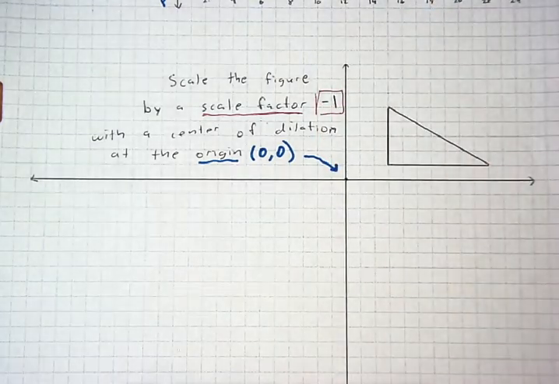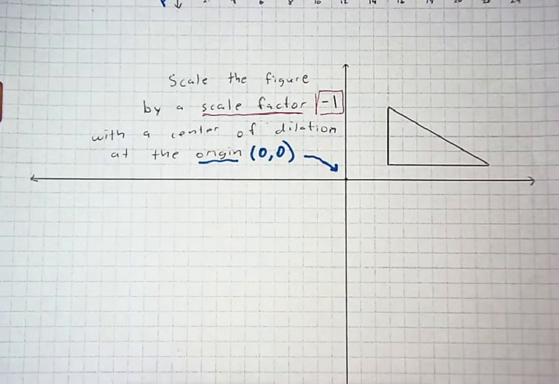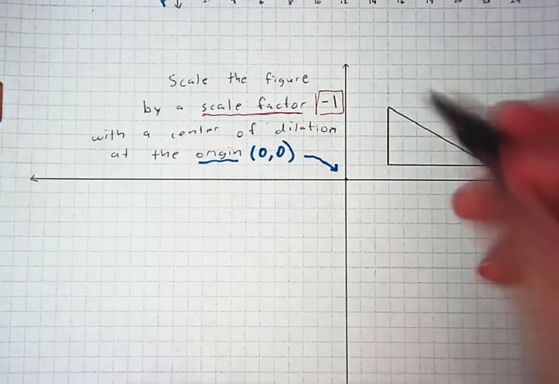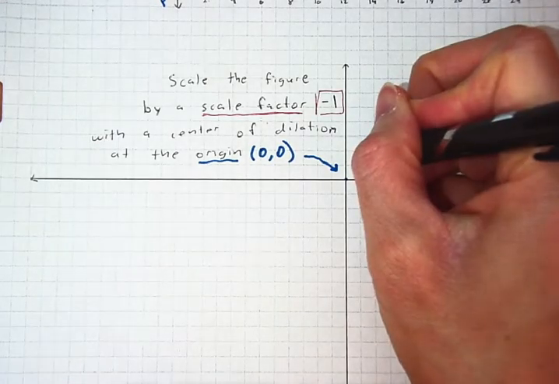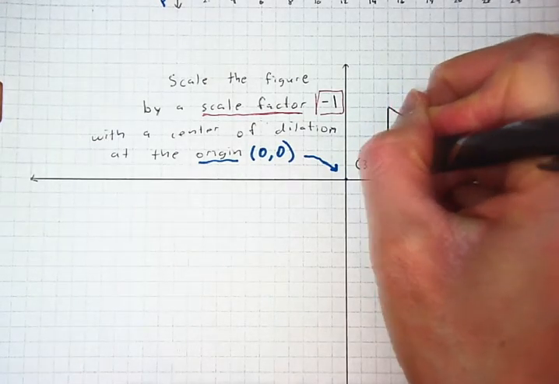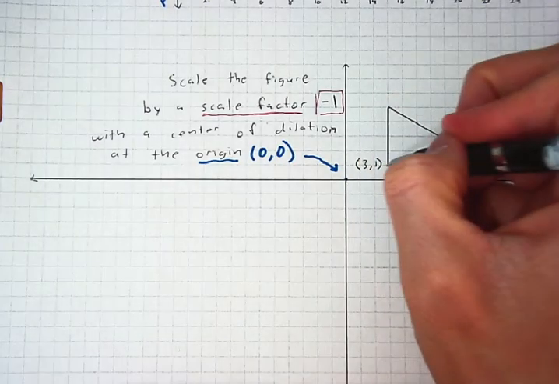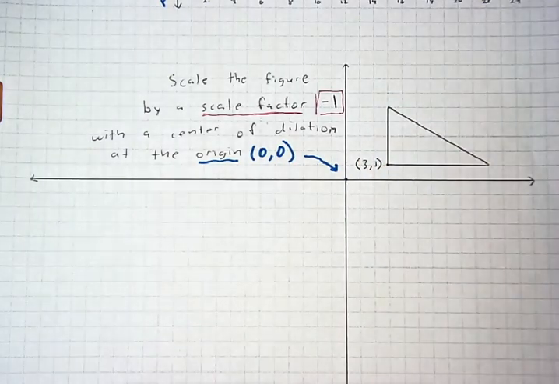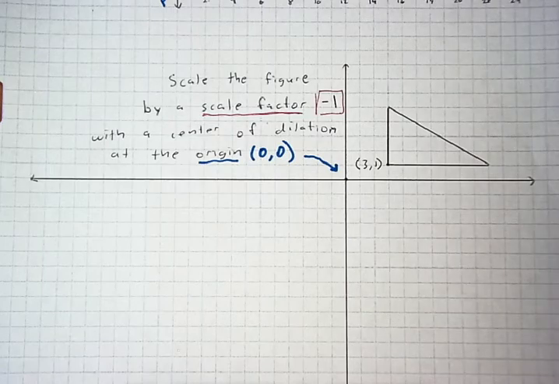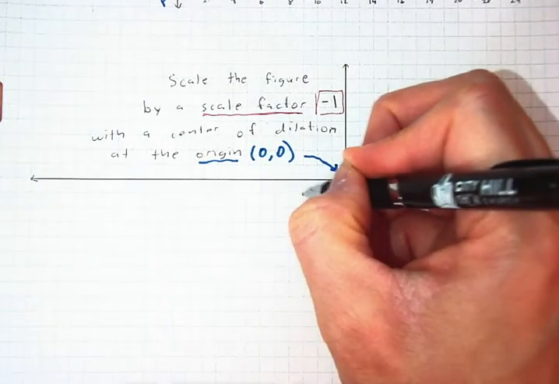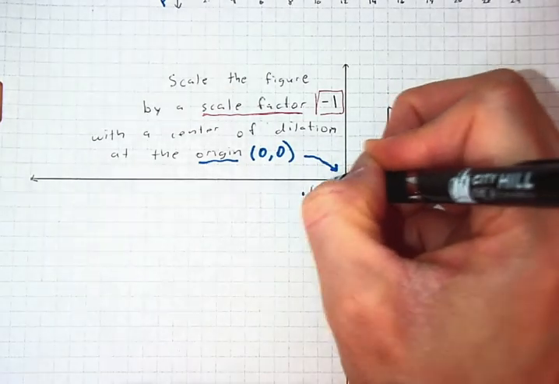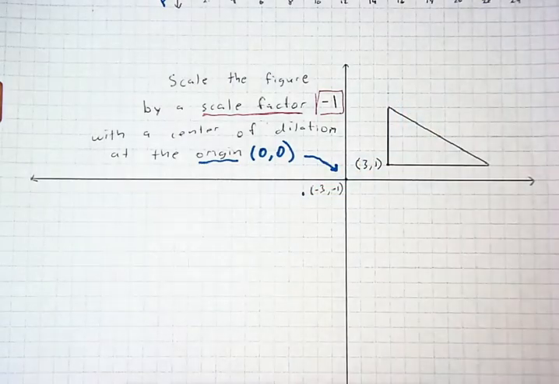Then all I'm going to do is multiply the coordinates by our scale factor. So this right here is 3, 1. If I multiply that by -1, that would become -3, -1.